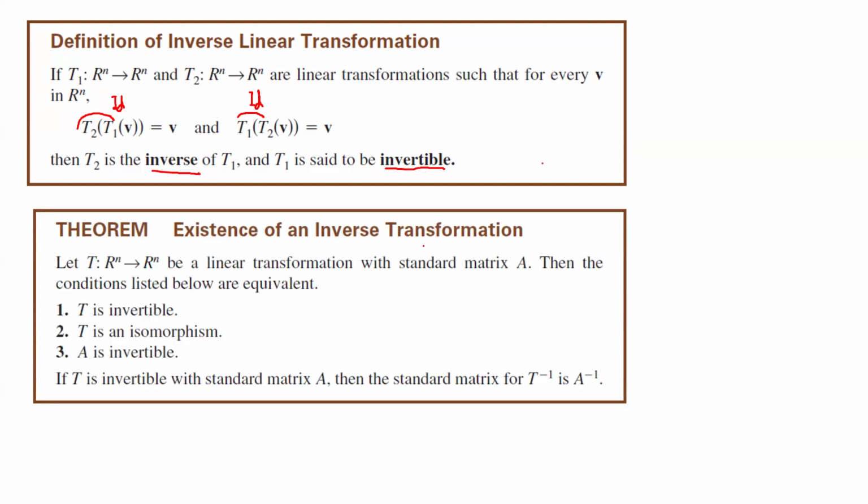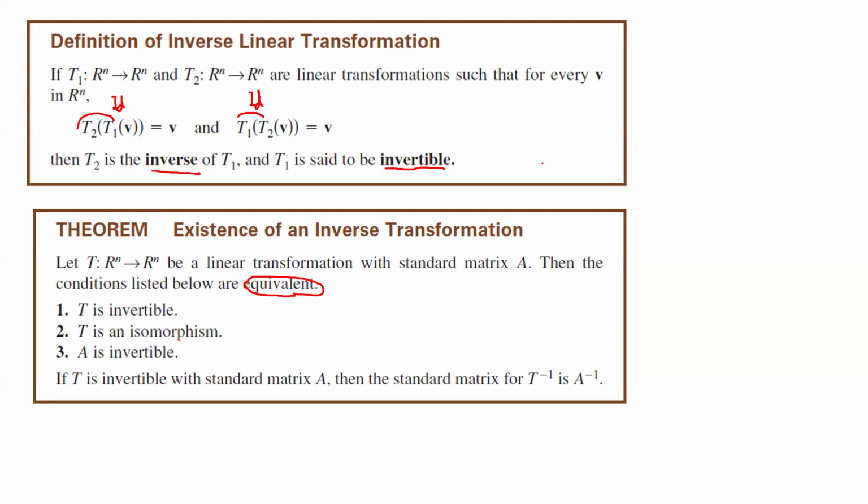Existence of an inverse transformation. Let T from Rn to Rn be a linear transformation with standard matrix A. Then the conditions below are equivalent to each other. First of all, T as a linear transformation is invertible. It means that you can find the inverse for that linear transformation. If T is invertible, then for sure T is an isomorphism.